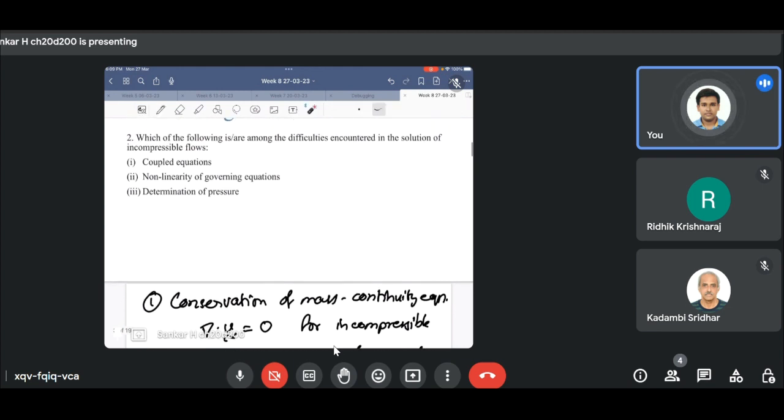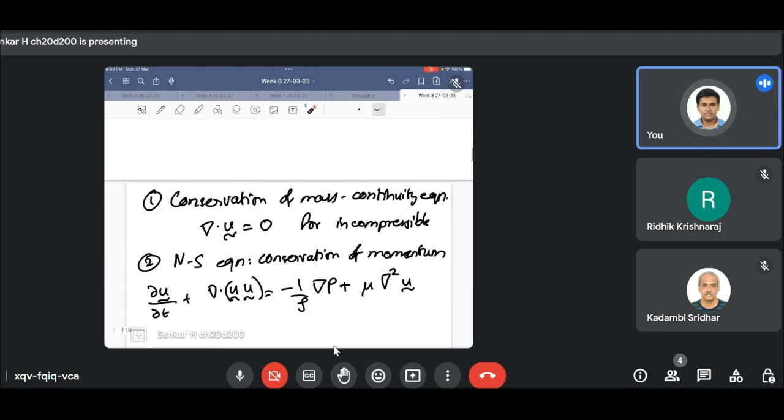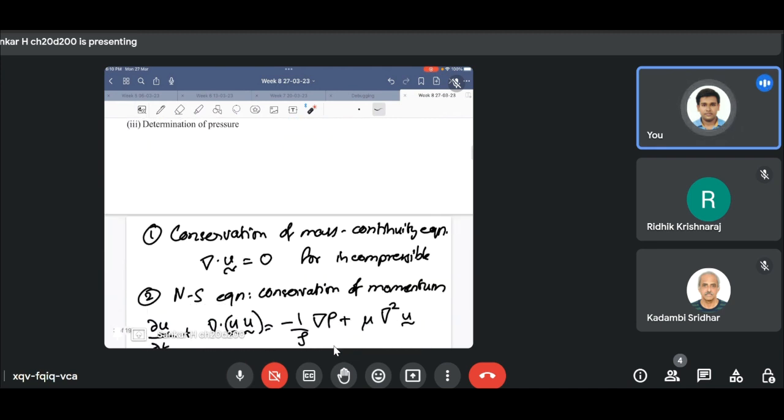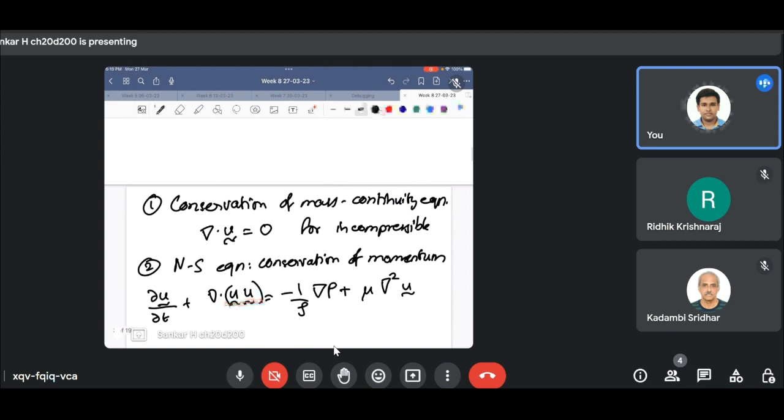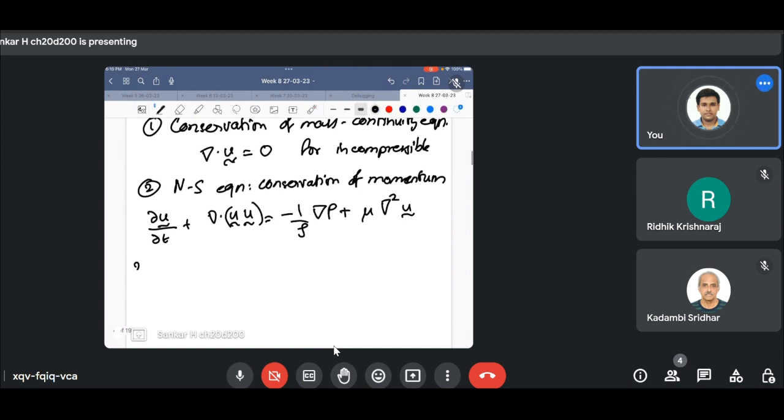The first thing we need to identify is, if we take a component balance in the x and y directions, we will get a coupled equation in terms of u. Let me write one of the x momentum equations.